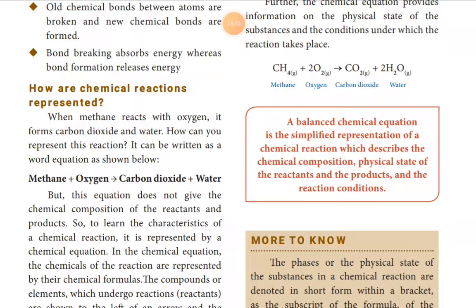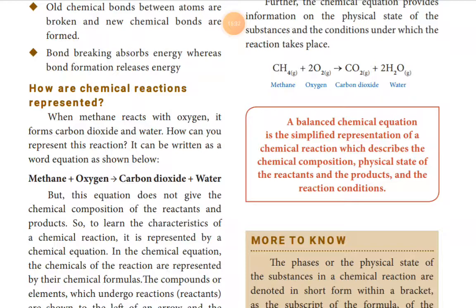To write a chemical equation, we have to write these elements or compounds using the chemical formula. Already you have learned in 8th standard how to write a chemical reaction. In 9th standard, how to balance the chemical equation.